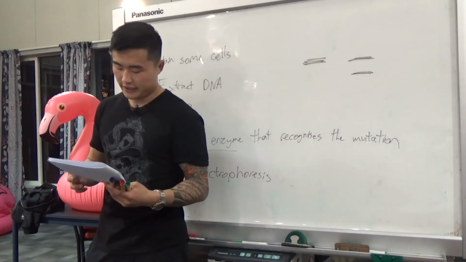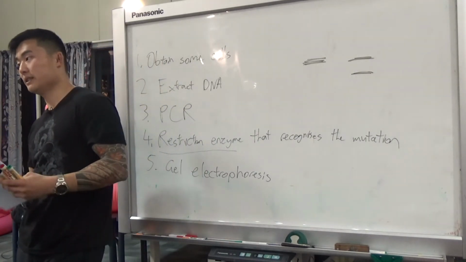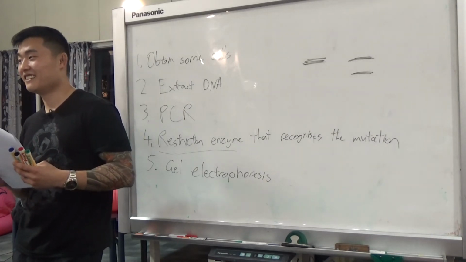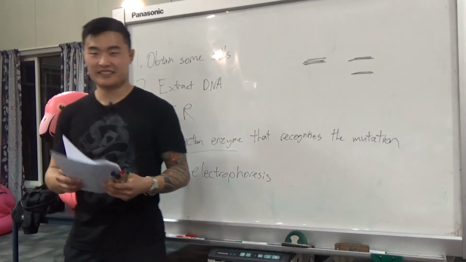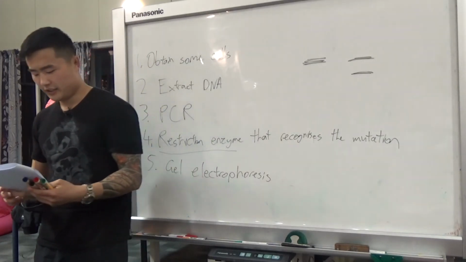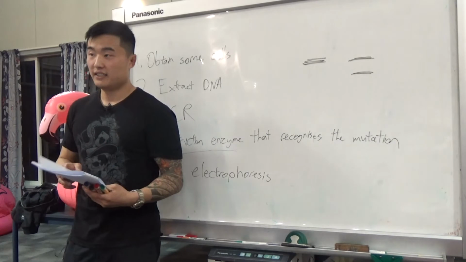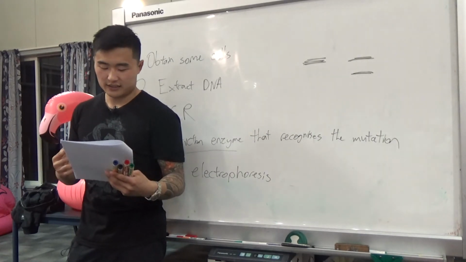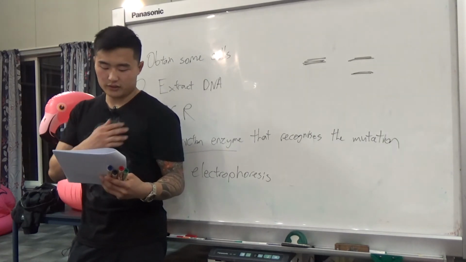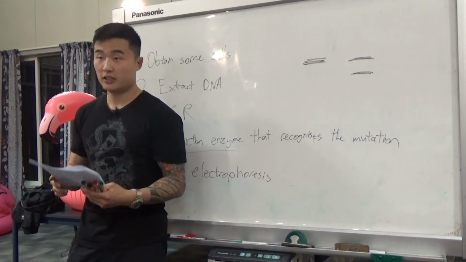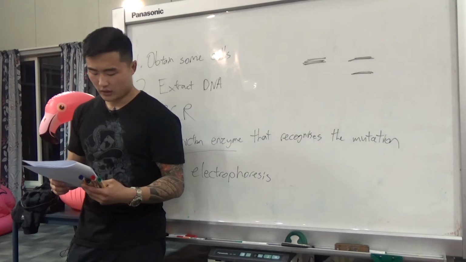So how many mutations would you require as a minimum? Yep, 3. So you're going to require 3 mutations. You'd have to have 2 mutations in a tumor suppressor gene, and just 1 mutation in an oncogene.